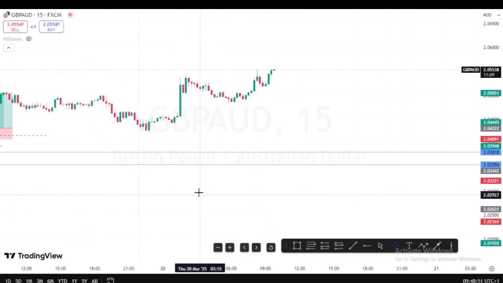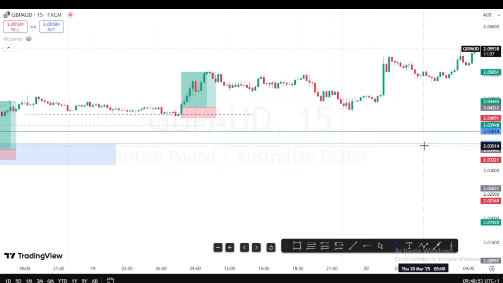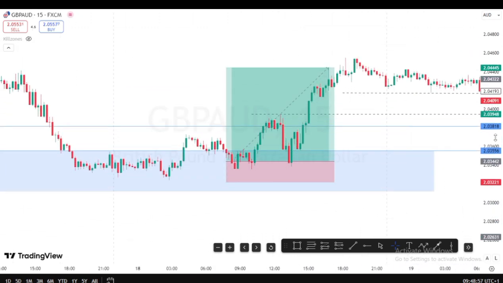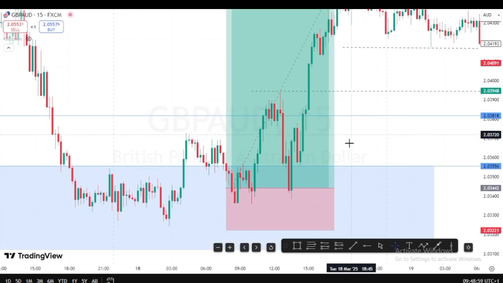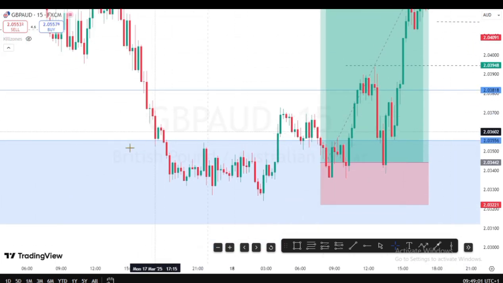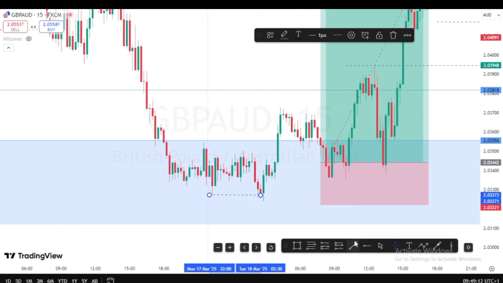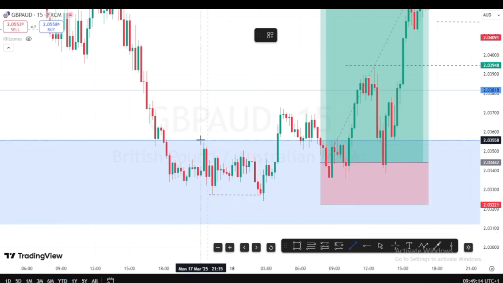So I went to my M15, and guess what, guys? It was a beautiful ride. So on my M15, I was waiting for our pattern to play out, a sweep in liquidity down, and then a break in structure to the upside.